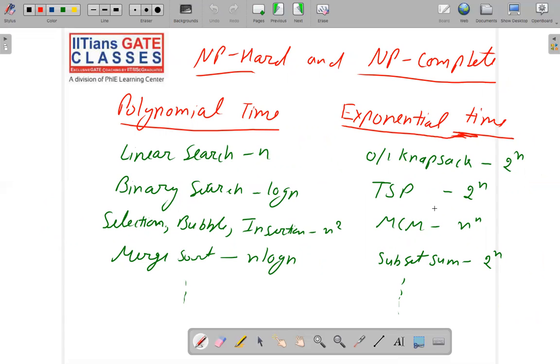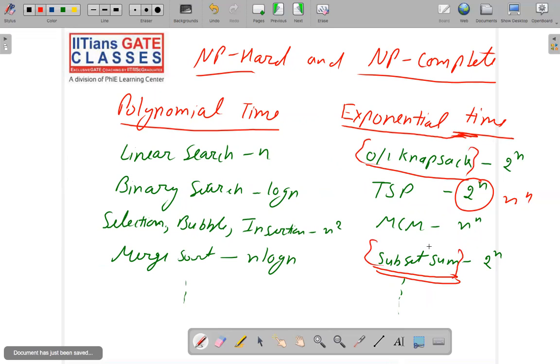Polynomial time algorithm. So here this 2 raised to power n can be written as n raised to power n, in general. Subsets of problem I haven't solved for you. It's very similar to 0-1 knapsack. I don't have to solve each and every problem for you. You can reduce this 0-1 knapsack to subsets of problem.